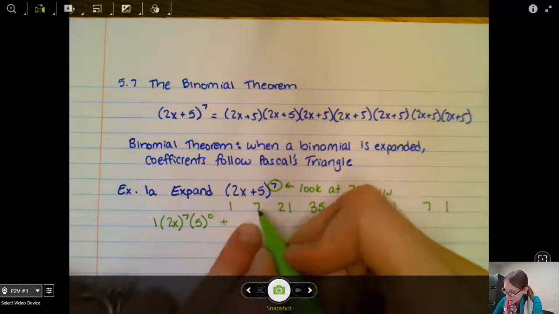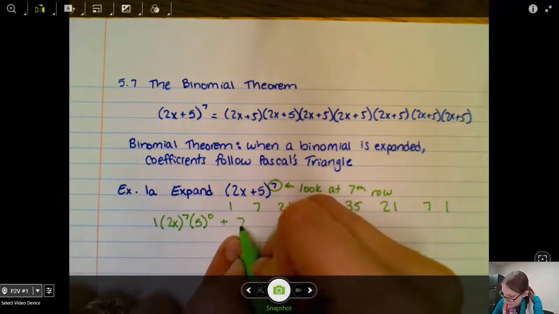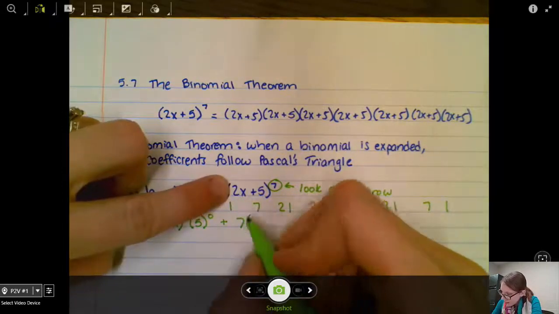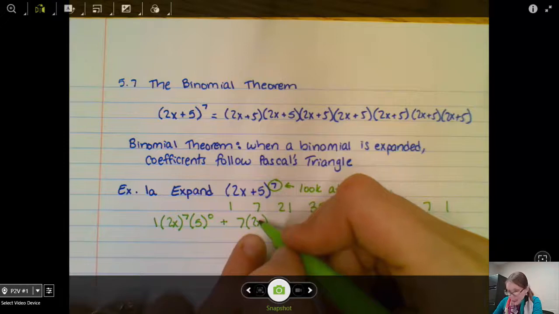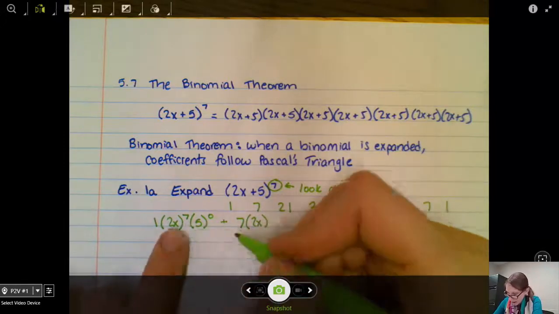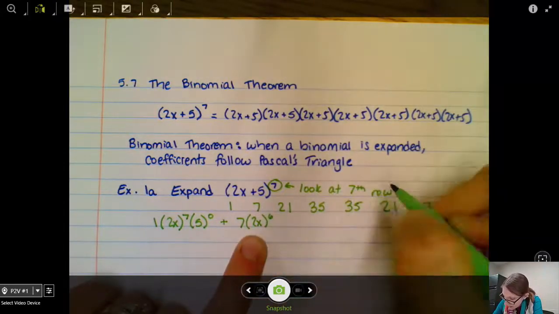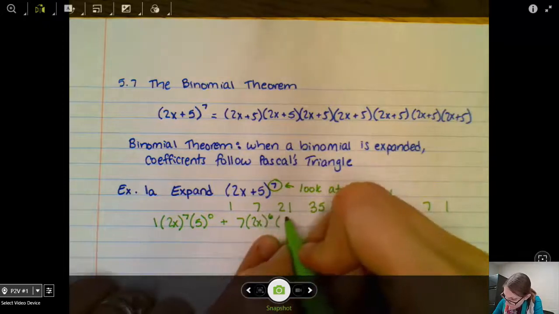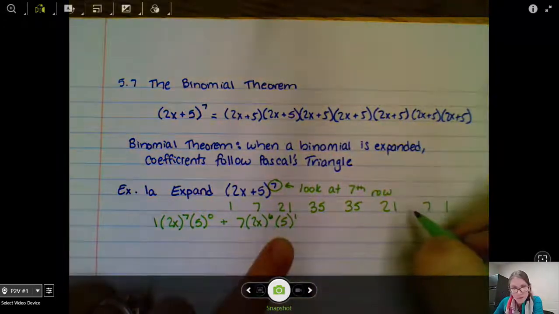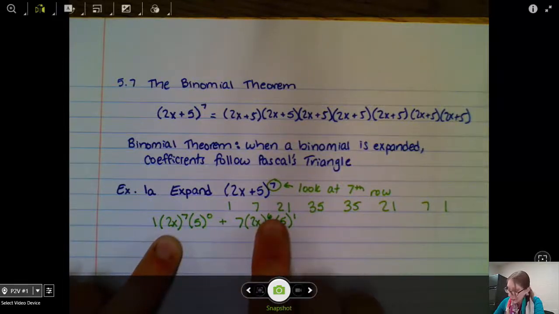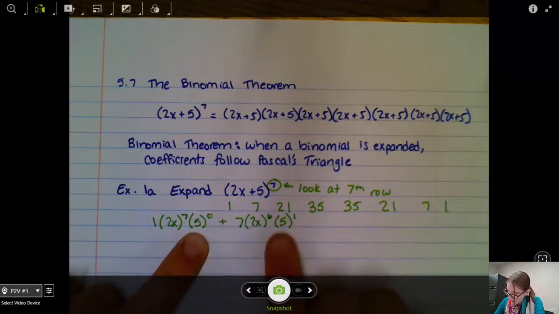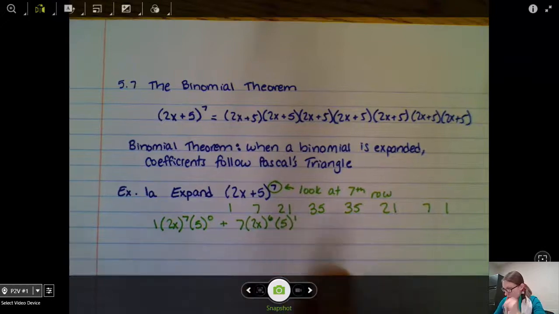Plus, my next term, coefficient is 7. Then I would have 2x again, but 2x loses a power now. So instead of 2x to the 7th, I'm going to have 2x to the 6th. The 5 gains a power. It was 5 to the 0th power, now it's 5 to the 1st power.